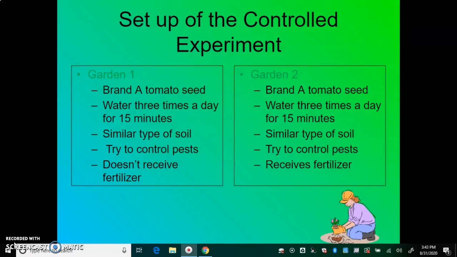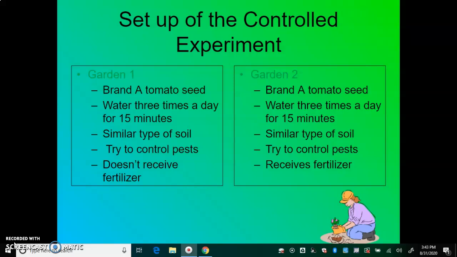Well, if you look, remember, constants are in both control group and experimental groups. They're the things that are the same throughout. So there's several here. We're using the same type of tomato seed, brand A. We're watering the same. We have similar soil. We're trying to control pests. So those are all constants.